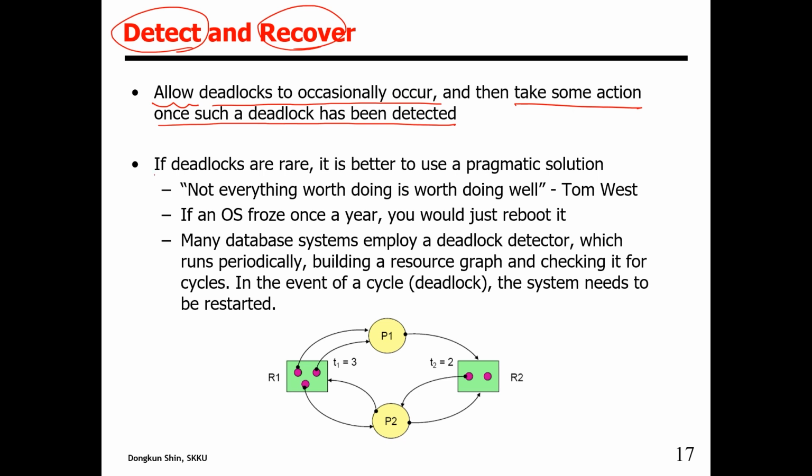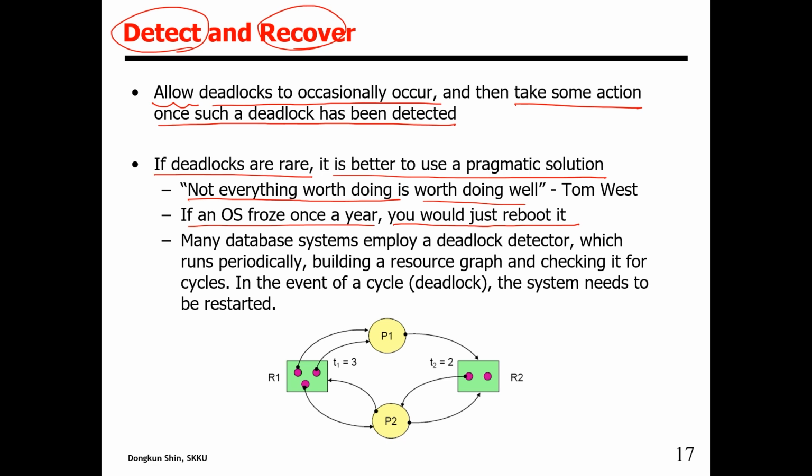Because deadlocks are a rare case, it is better to use a pragmatic solution. As you know, there is this very famous wisdom: not everything worth doing is worth doing well. If an OS froze once a year owing to deadlock, we would just reboot it when the deadlock occurs.